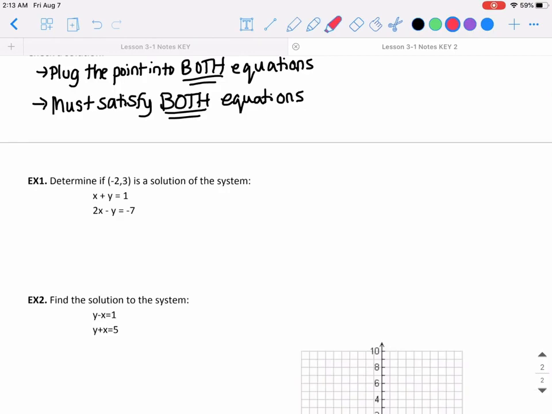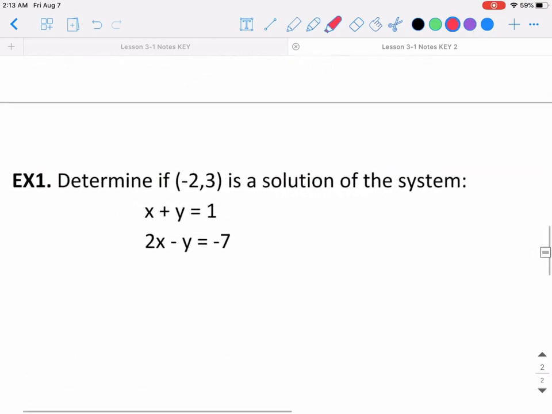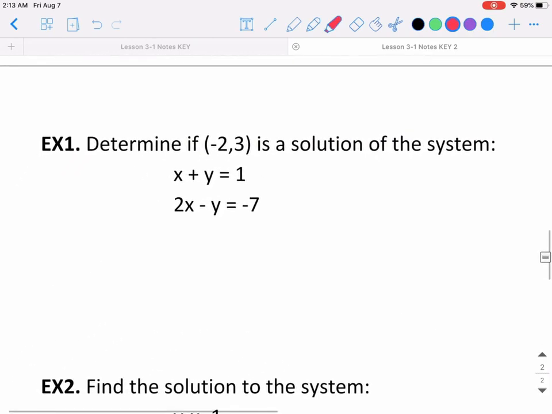Let's determine if negative 2 comma 3 is a solution for this system below. So if x is negative 2 and y is 3, I can plug those values into the equations that I have and see if the statements are true. So first let's start with x plus y is equal to 1.